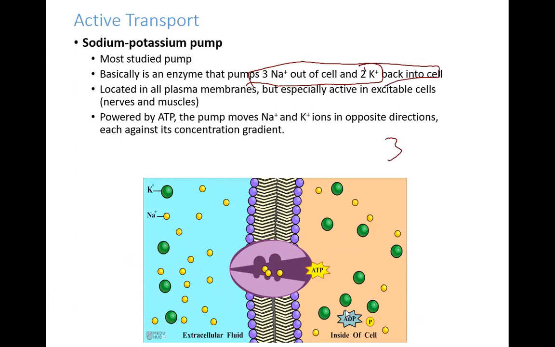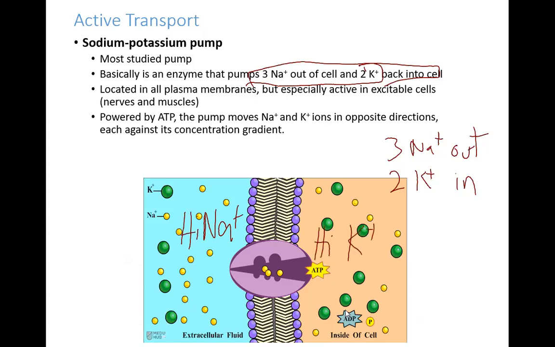So 3 sodiums out, 2 potassiums in, because we want to keep high sodium here and high potassium here. We don't want to have sodium on the inside. We don't want to have potassium on the outside. So that's what we're trying to do.